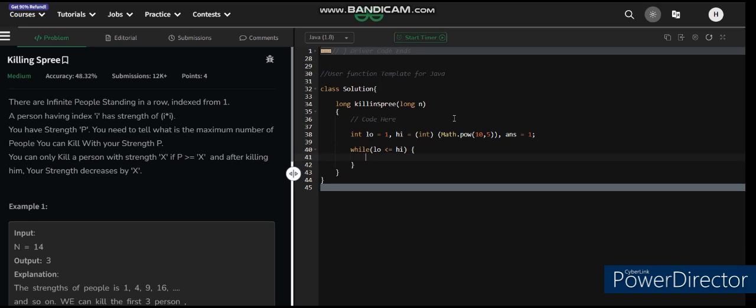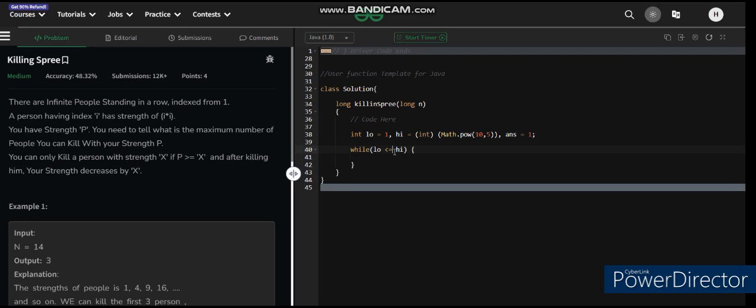Remember here we are taking equal to, which is important, because whenever low and high become equal, the mid value becomes equal to the low and high value. That may be the answer, right? If we remove the equal to, we may miss low or high, which may be the answer.